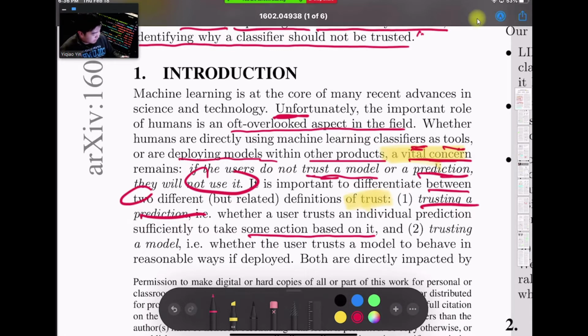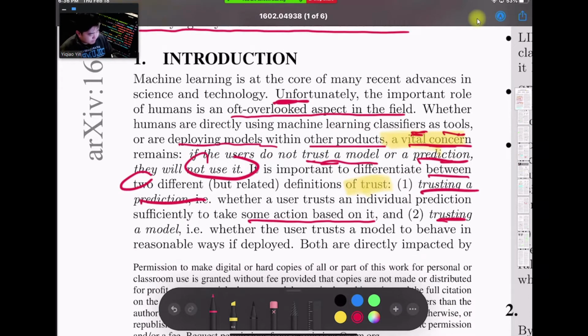So let's keep going. Number two, trusting a model. Trusting a model, what is that? Whether the user trusts a model to behave in reasonable ways if deployed. Now, it sounds like a mouthful. It sounds like they're really trying to talk about the same thing, like two sides of a coin. I think the interpretation here is the keyword model versus the keyword prediction.